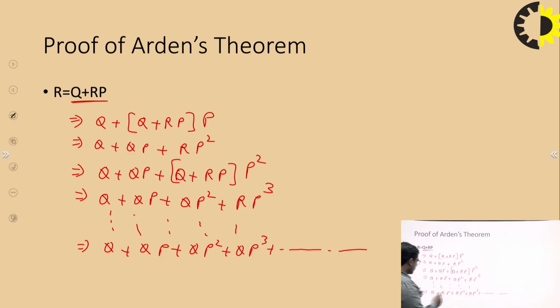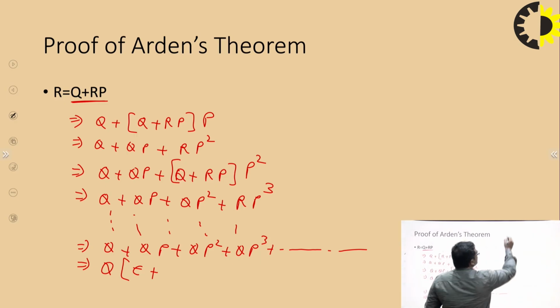What we do next is take Q common, and we have epsilon, the null string, plus the rest. In mathematical form it would be 1, but in automata 0 and 1 are input symbols, so in place of 1 for multiplication we write epsilon.